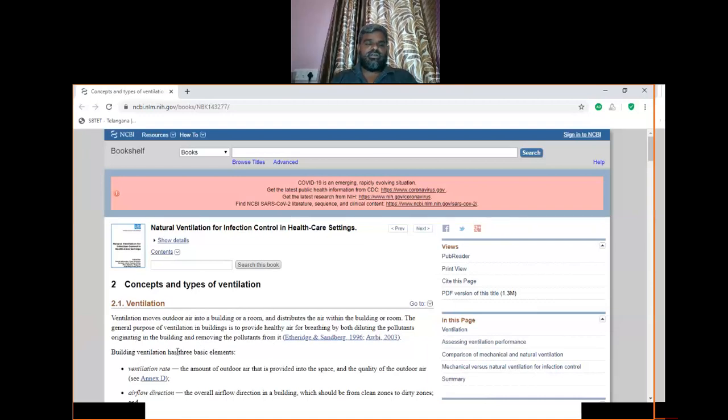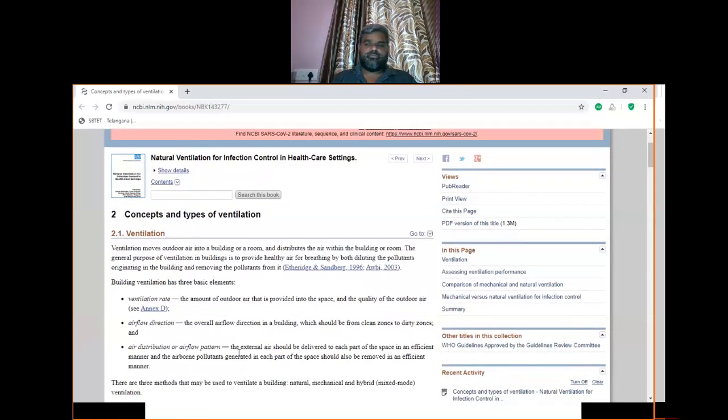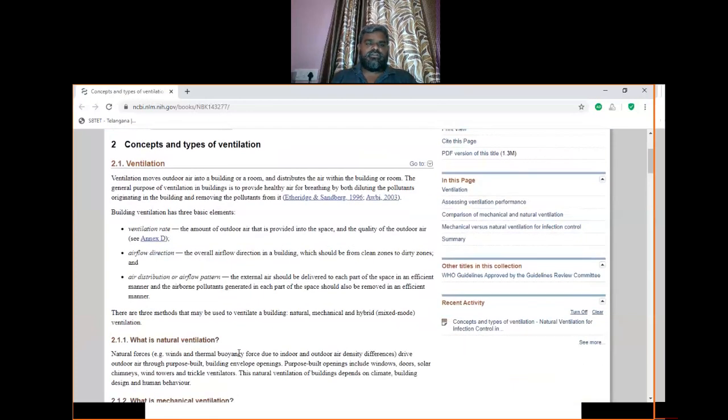So building ventilation has three basic elements. One is ventilation rate, next is airflow direction, third one is air distribution or airflow pattern. Ventilation rate means the amount of outdoor air that is provided into the space, the quality of the outdoor air.